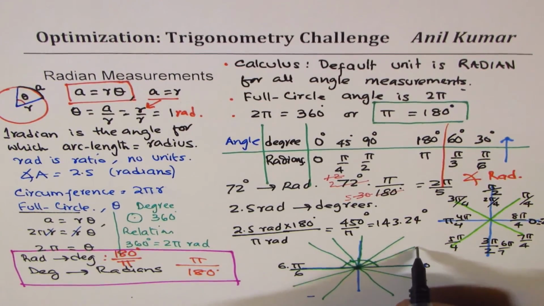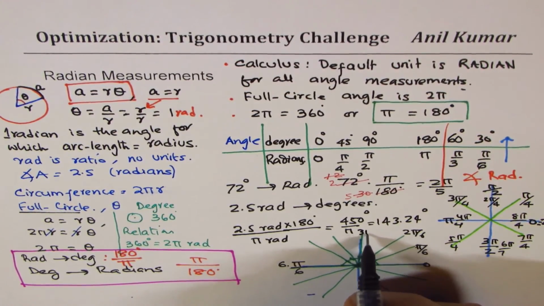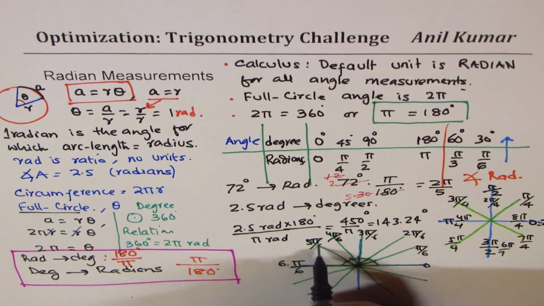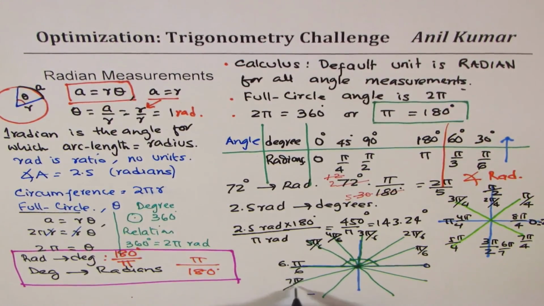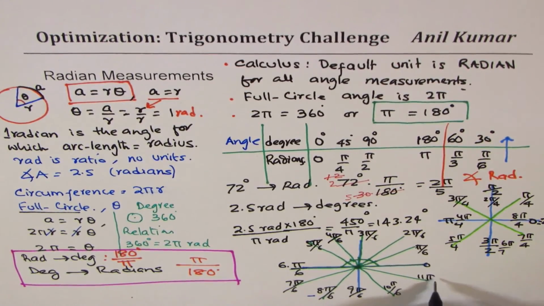So starting with 0, this becomes pi by 6, 2 pi by 6, 3 pi by 6, 4 pi by 6, 5 pi by 6, 6 pi by 6, 7 pi by 6, 8 pi by 6, 9 pi by 6, 10 pi by 6, 11 pi by 6, and 12 pi by 6.